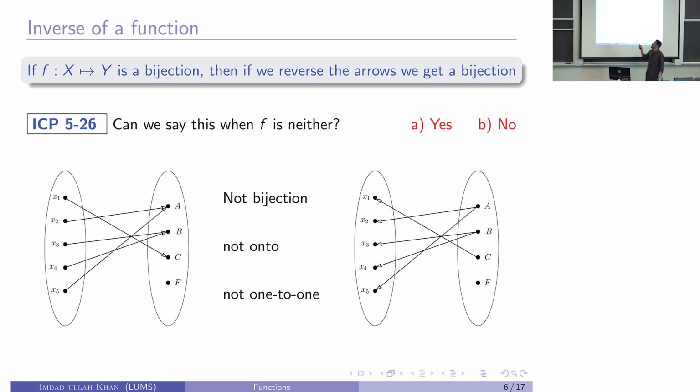No. This is for a bijection, as I have told you. And I said, suppose f is not a bijection, f is this function. It is neither one-to-one nor onto. Then can we still assert that the reversed arrow will also be a bijection? We cannot, right? Here the answer will be no. So f is not a bijection, it is not onto and not one-to-one.